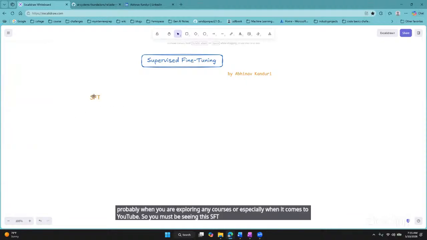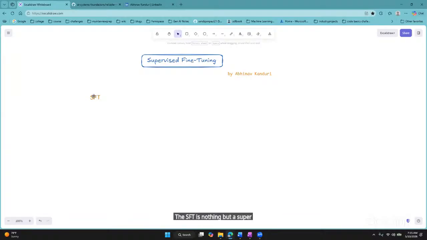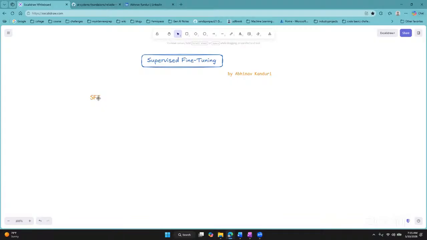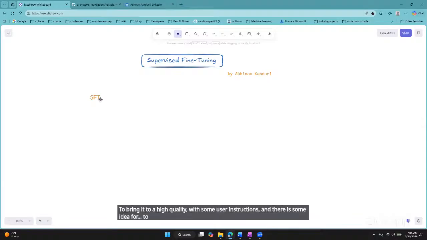SFT is nothing but supervised fine tuning, a primarily important concept where a pre-trained base language model is trained further to bring it to a high quality, with some user instructions and some idea to assist your response. That is the primary importance of supervised fine tuning.